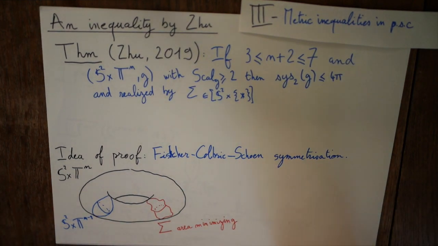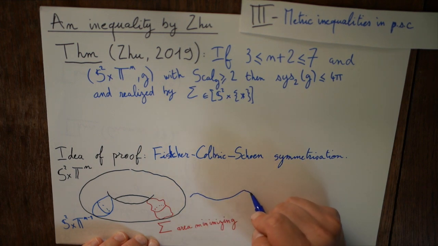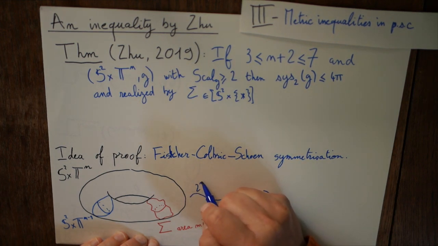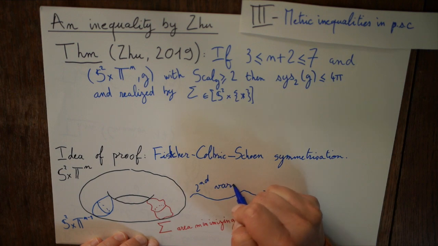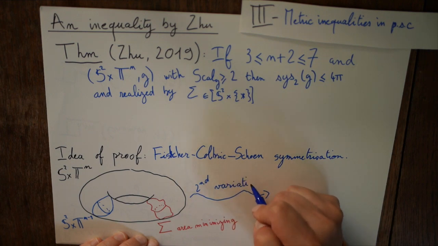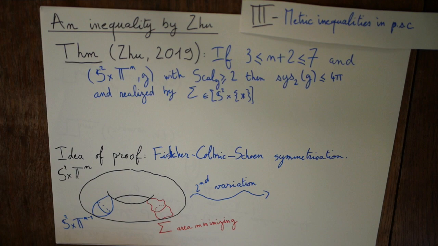Then, if we look at the second variation formula for area here, so already in Schoen and Yau, you see that this will give you that sigma admits a metric of positive scalar curvature, using a conformal deformation of the induced metric. However, this has two drawbacks. First, it doesn't really remember what the original metric on S2 times Tn was.